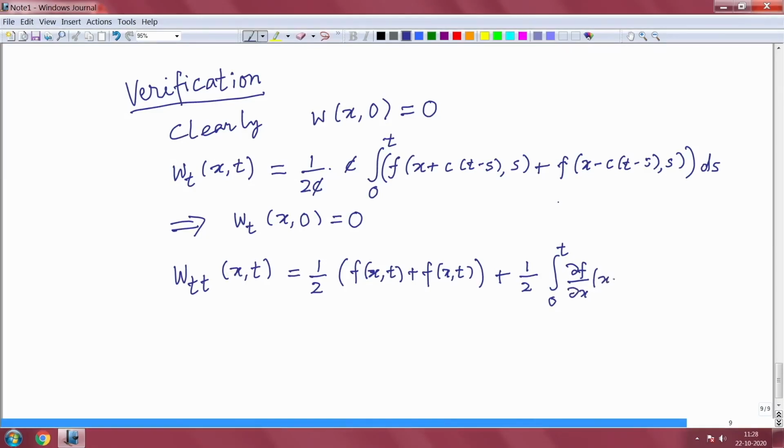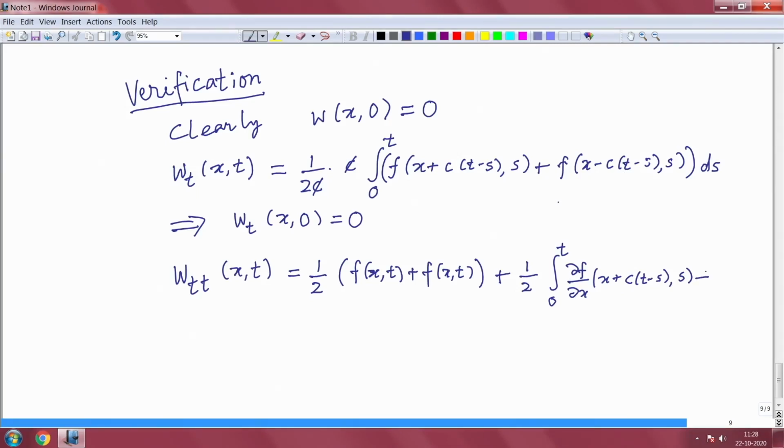So, x plus c (t minus s). When I differentiate with respect to t, there is a c coming. That c is there, and if I differentiate the second one, there is minus c.